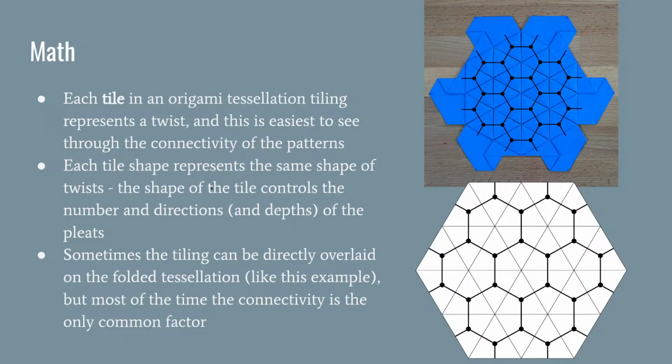And the shape of the tile, like I mentioned earlier, is controlling the number and directions, and also the pleat depths of the pleats coming out of that corresponding twist. And for the pleat depths, the depth of the pleat is proportional to the length of the tile edge. So when you have a trapezoid, we have 3 short edges and 1 long edge. That long edge is twice as long as the short edges.